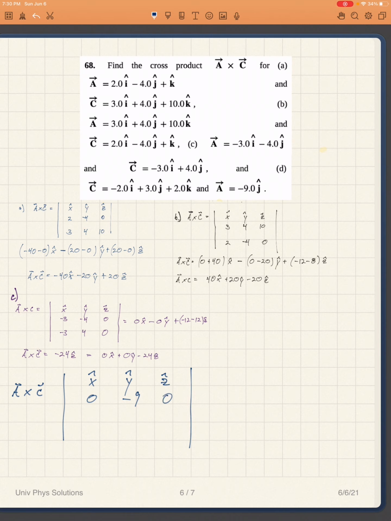And my vector C has components -2, 3, and 2.